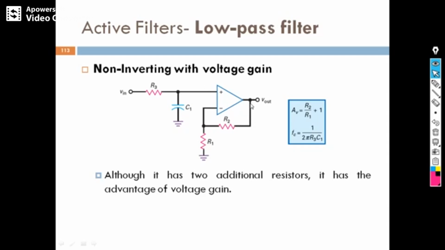Normally you have to remember feedback is always connected to the inverting input only. So this is the gain you will get here. And once again cutoff frequency is designed by 1 by 2 pi R3 C1, and you have to remember this is also a low pass filter.